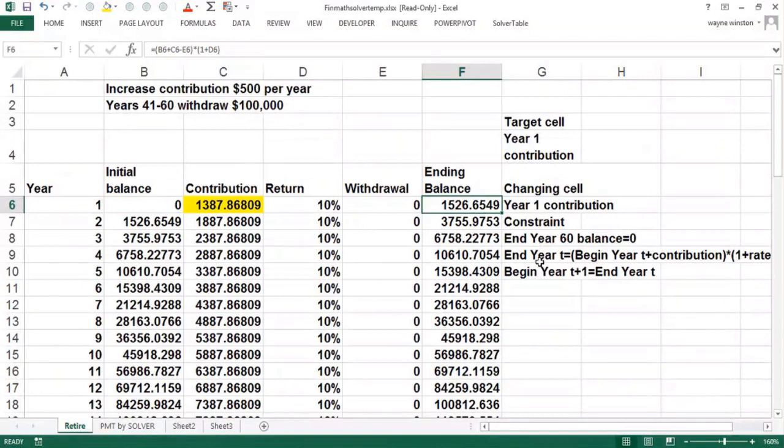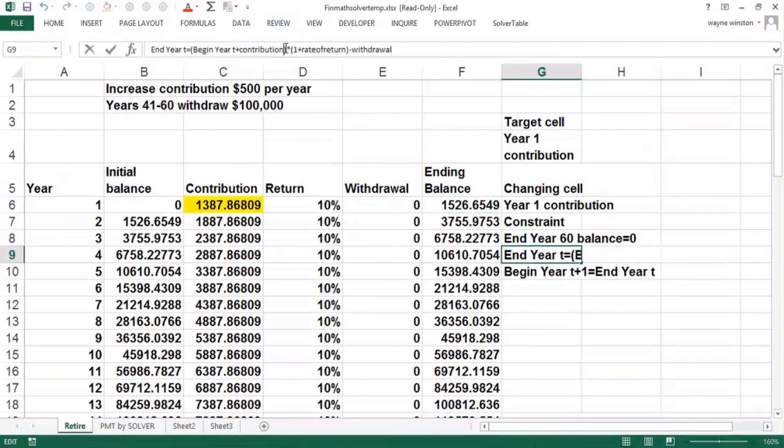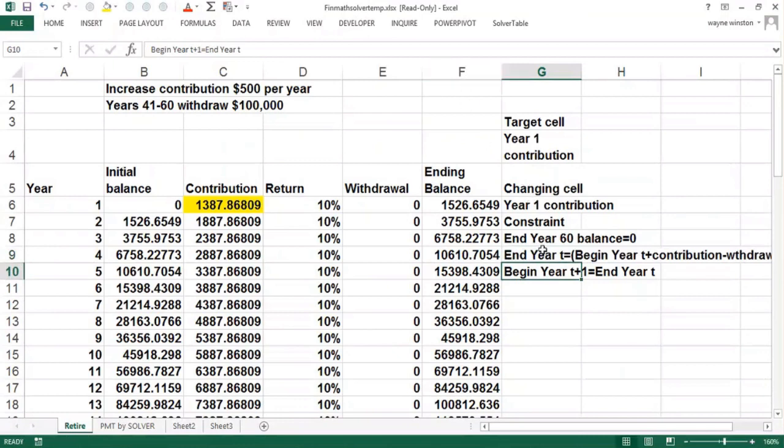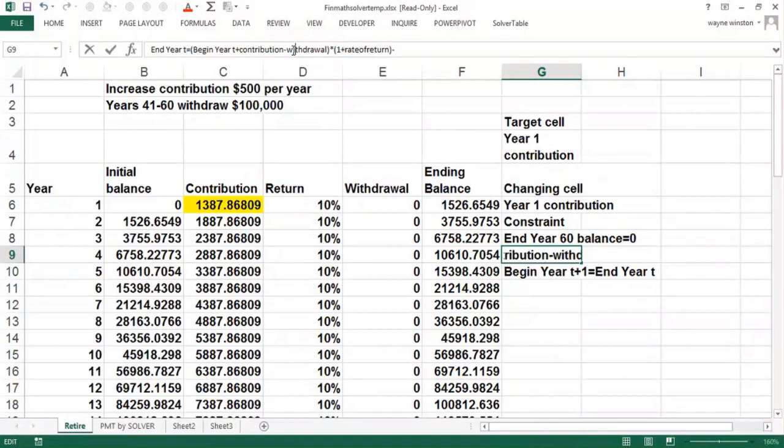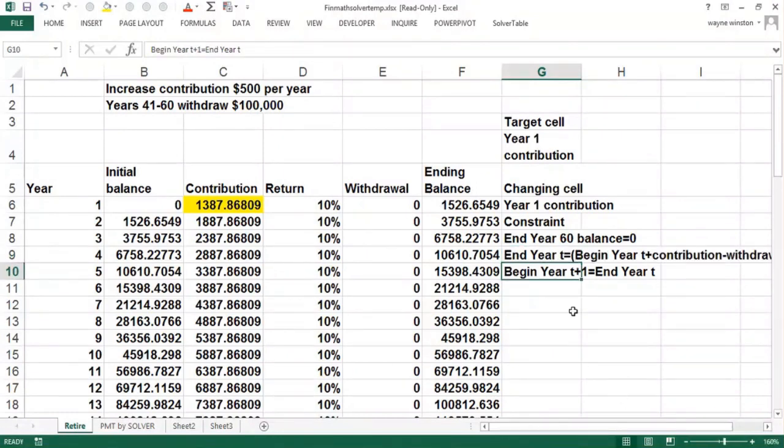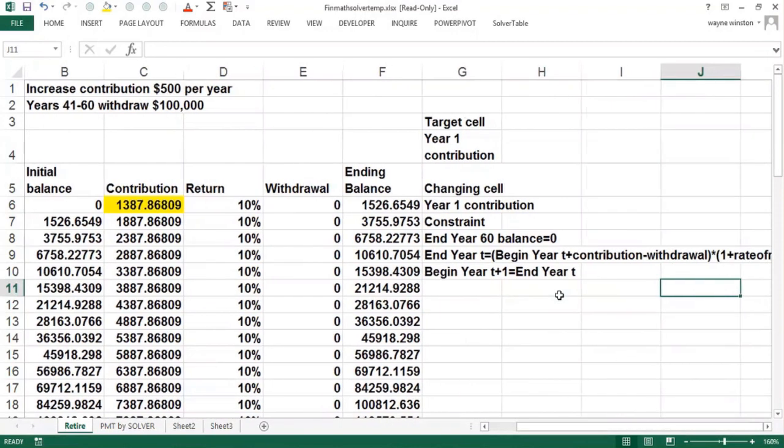So our end of year T, and there's nothing wrong with the way I had it there. I'm going to assume you take away the withdrawal at the beginning of the year, and then you get 1 plus the rate of return. So you begin the year with some money, you add the contribution, and then you subtract off the withdrawal, and then you get the rate of return. If the withdrawal is at the end of the year, it changes the problem a lot. And since I have a textbook that solves it this way, let's leave it this way.